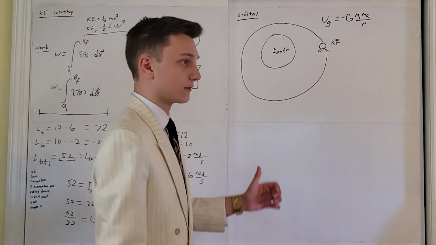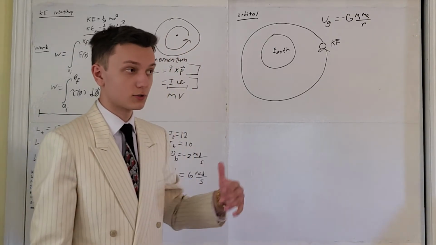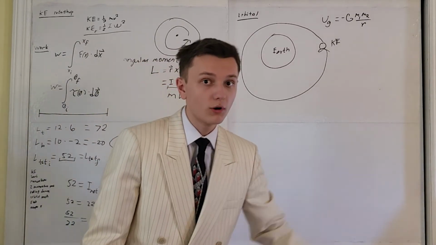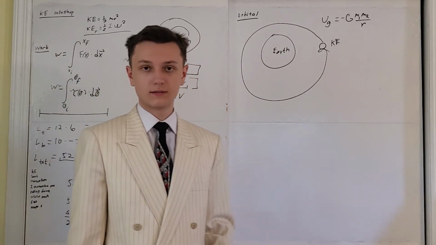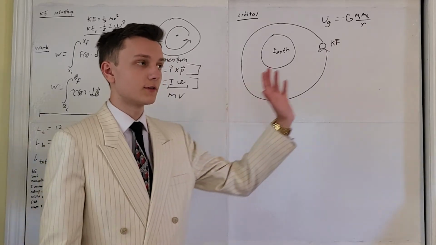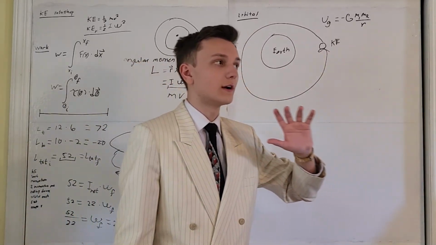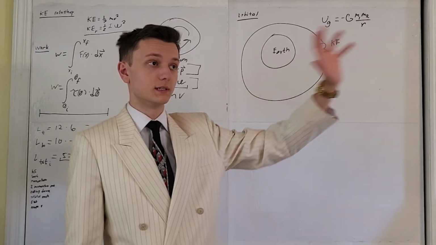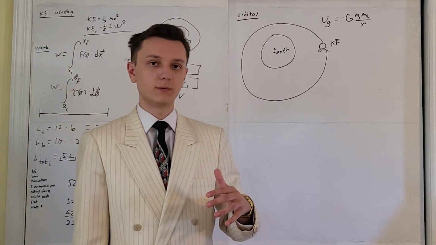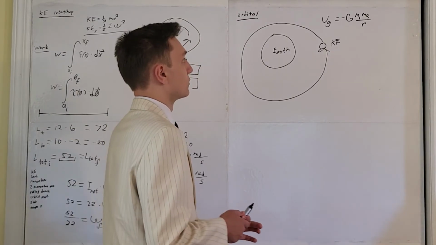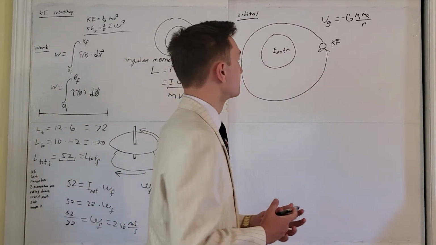Therefore, it's important to understand that the closer you get to Earth, the more negative it becomes, and the further you get from Earth, the less negative it becomes. Such that as you get further and further away from Earth, your gravitational potential energy approaches 0, and as you get closer and closer to Earth, your gravitational potential energy approaches negative infinity. That's what this negative is doing for us.